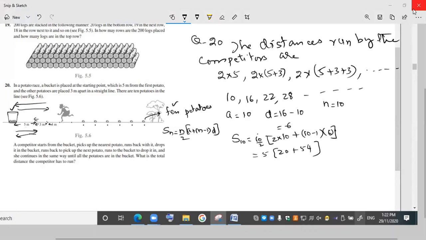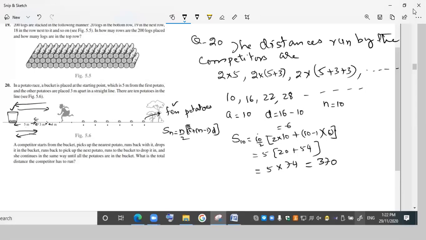Yes, it is 2a. I forgot to write the 2 here, sorry. You can see in the formula 2a is here, so I took 2a only. So 2 tens are 20 and 6 nines are 54. That will become 74. 74 into 5 is 370 meters.